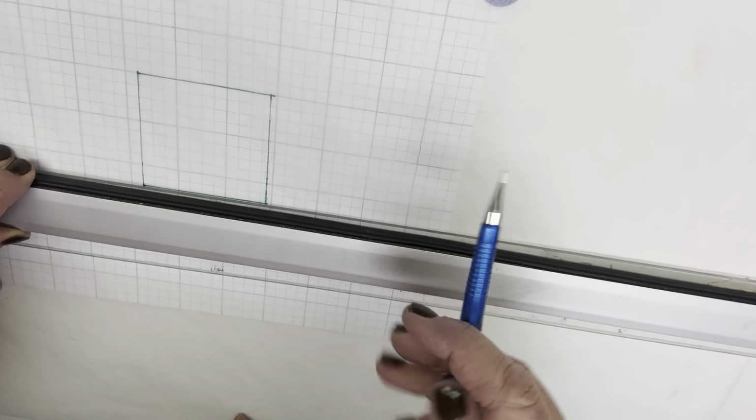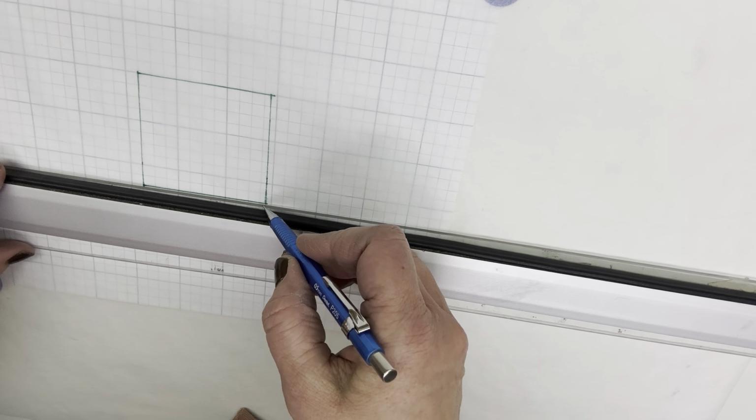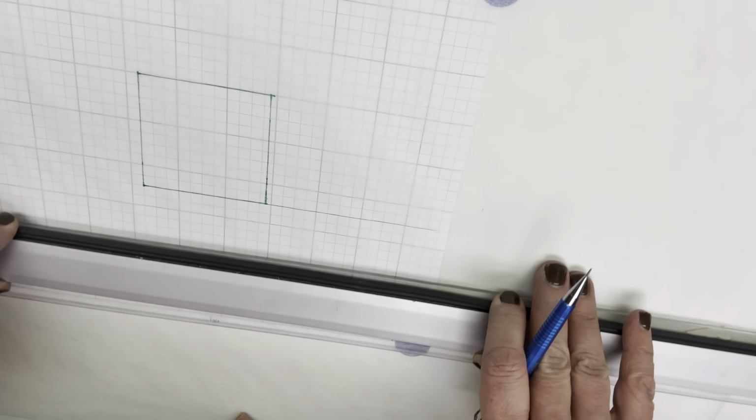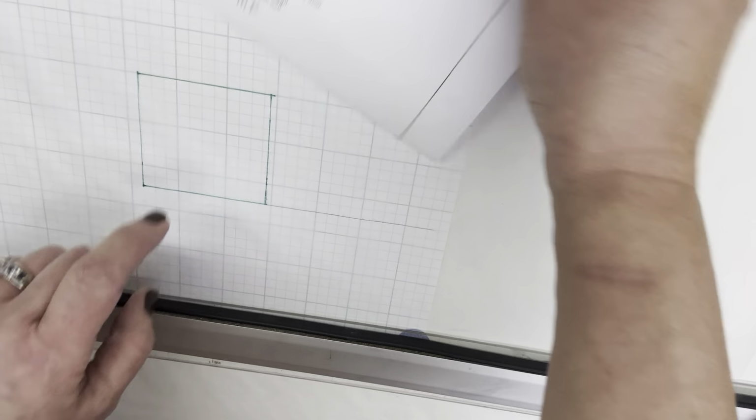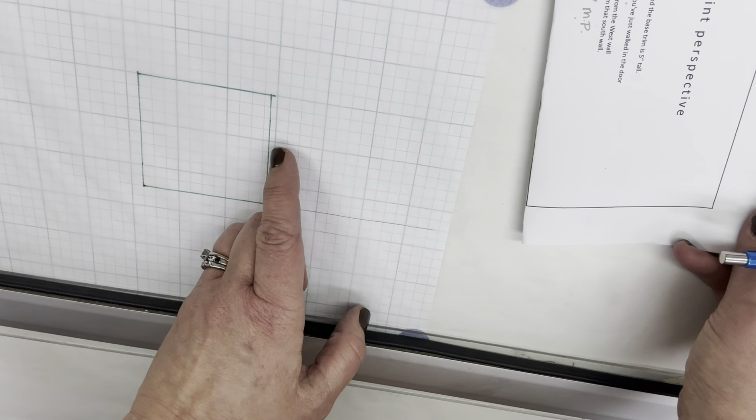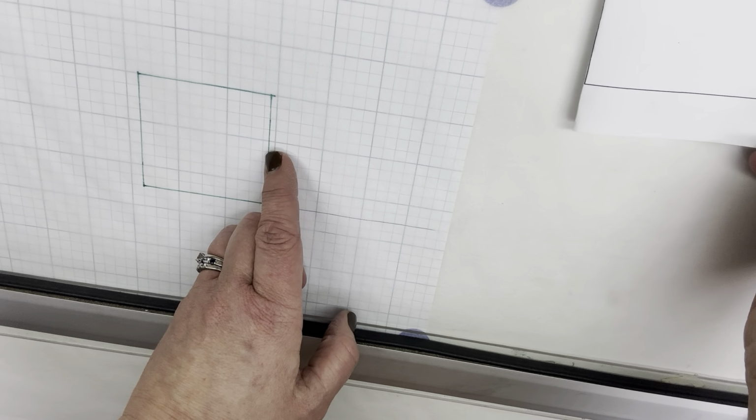Wonderful. Okay, this is our baseline along here, and we will need it to draw. I'm just going to do mine in pencil. Drag that across. And we know from what we wrote before, I'm going to set that MP at 12 feet. And 12 feet will come over from this line over here.